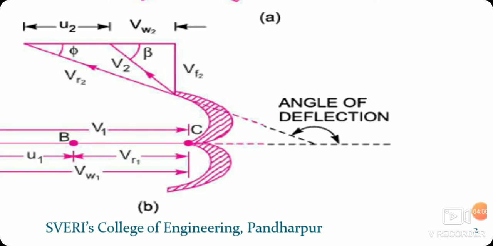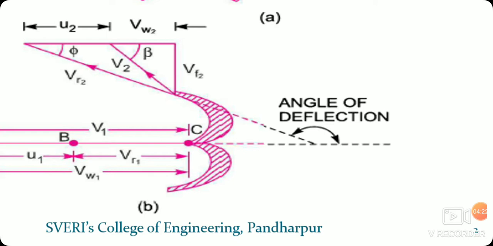Suffix 2 denotes the parameters for the outlet velocity triangle. So we have VR2, then V2, the absolute velocity at outlet, which always has two components. The vertical component is Vf2 and the horizontal component is Vw2.